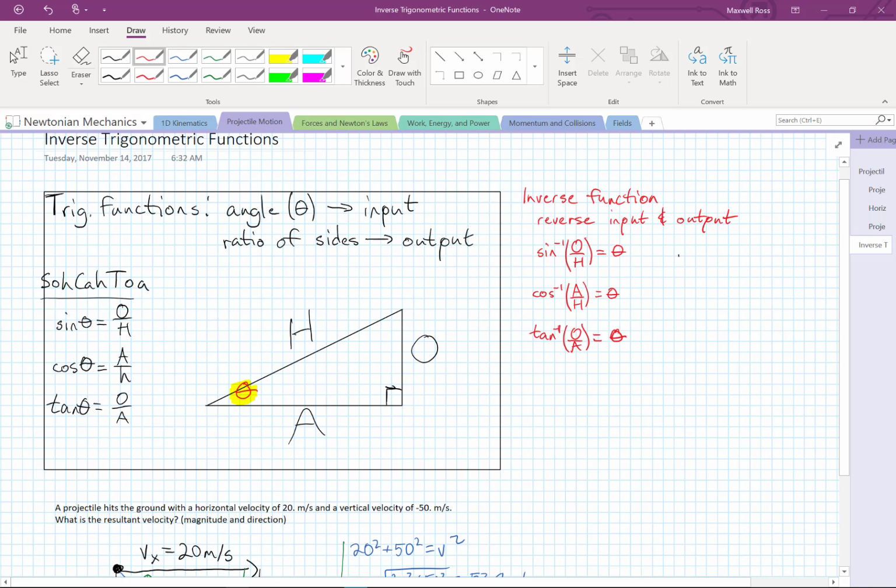Sometimes these are also written as arcsine, arctan, and arccos. And that's just another notation. It's so we don't confuse that minus 1 sign with an exponent, because it's not an exponent.